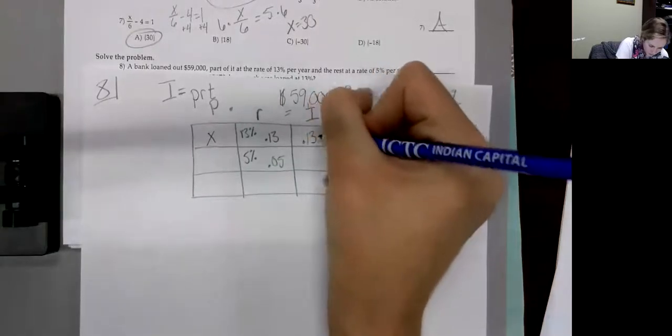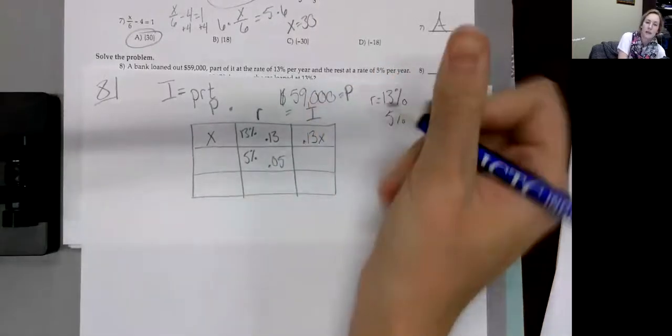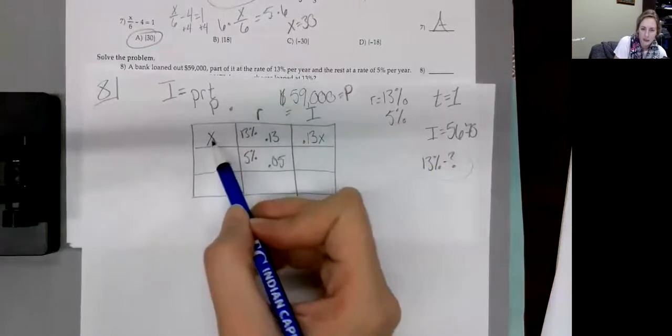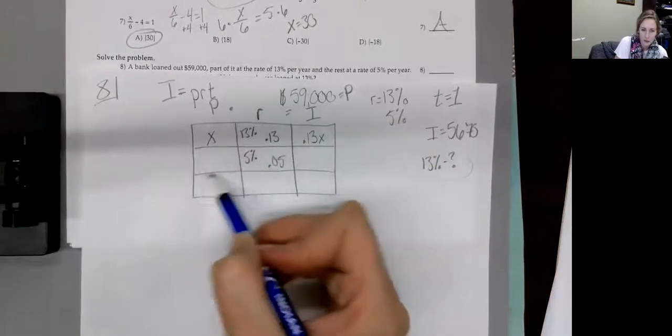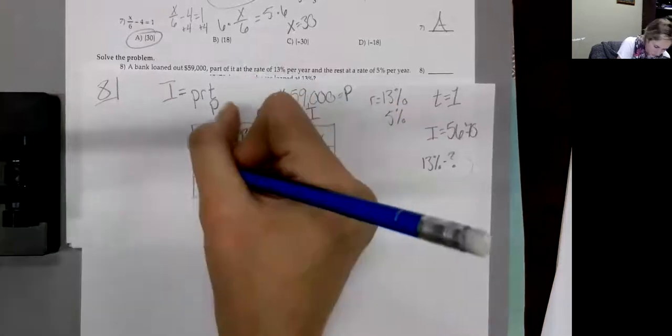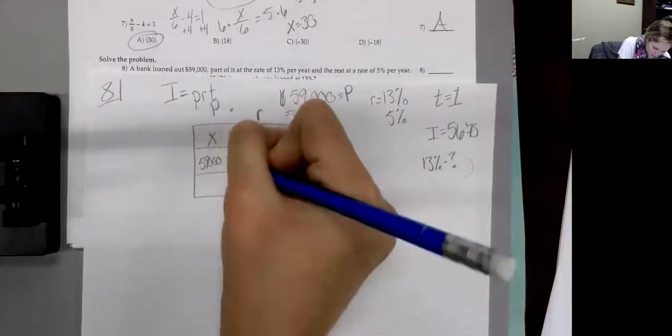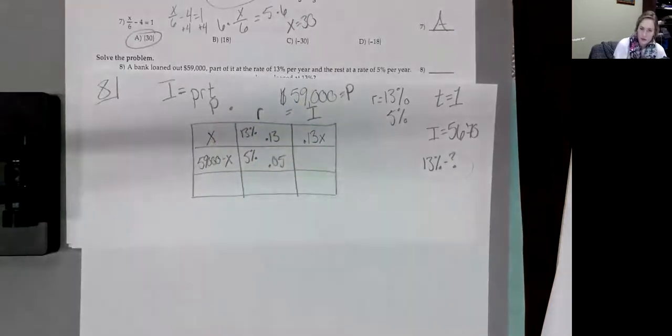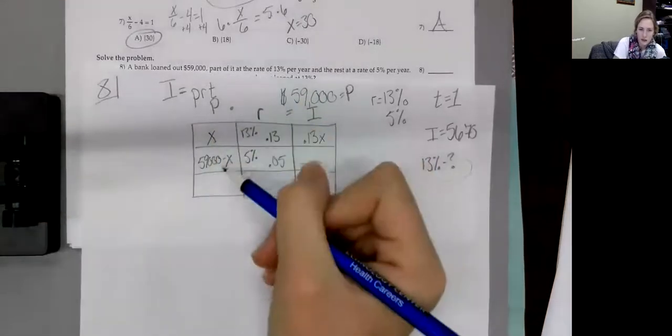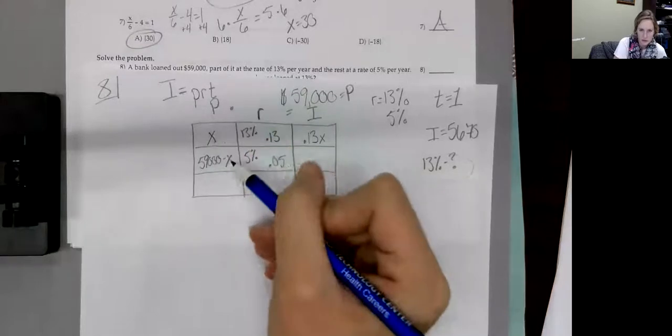So this one would be 0.13X. Now everything I didn't loan out right here is going to be loaned out at 5%. So I'm going to do 59,000 subtract X, because it's the total amount they loaned out. So if I added these two together, it'd just be the 59,000.